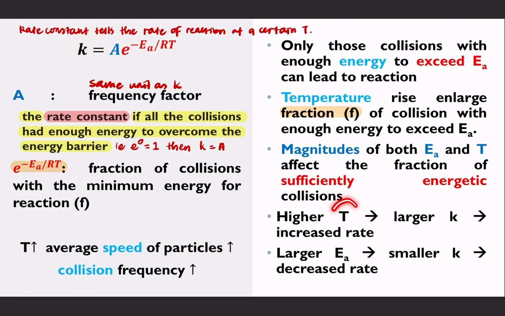Higher temperature will lead to larger k, therefore rate of reaction increases. If you increase your EA, meaning your energy barrier is higher, therefore your rate constant will decrease, meaning your rate of reaction will also decrease at that certain temperature.